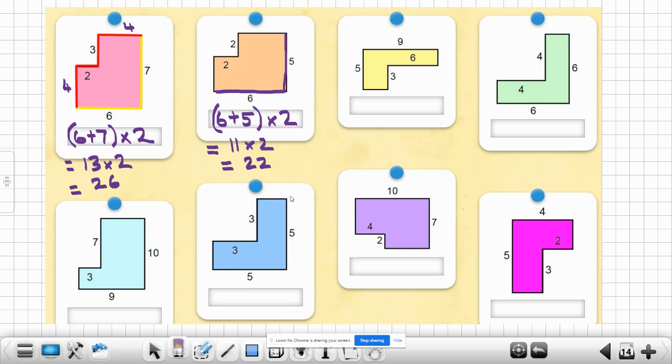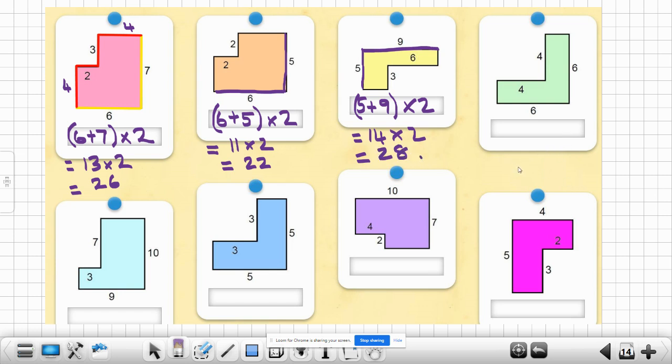So for now, I'm just saying units. Okay, let's have a look at this third one. 5 down, 9 across. So we can just double that up by adding them together, multiply by 2. 14 times 2 equals 28, and so on.